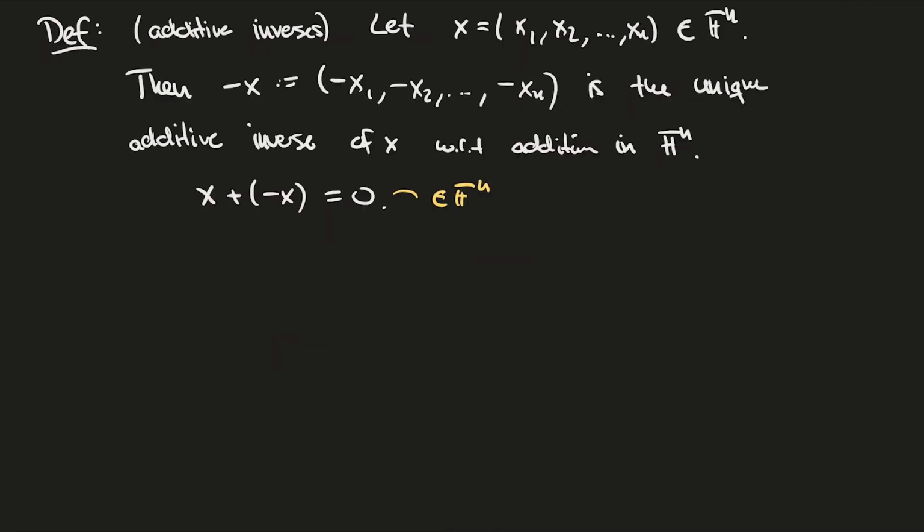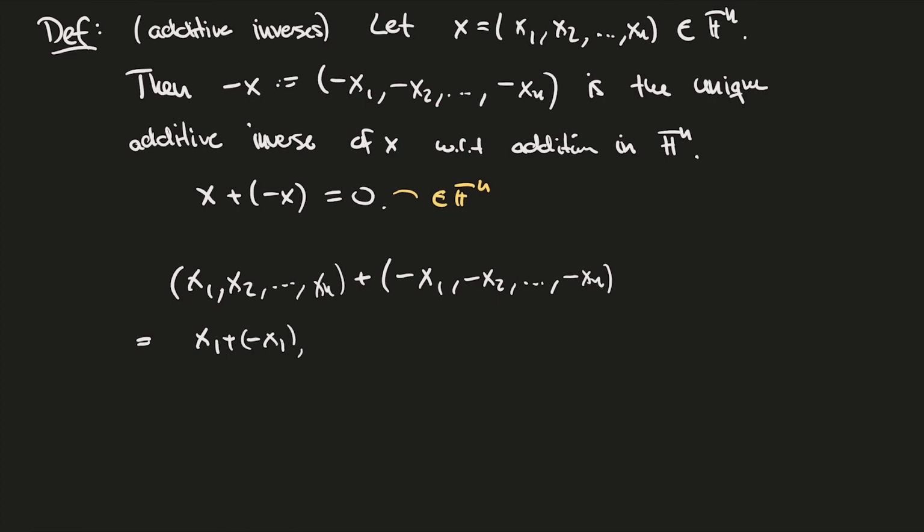To see that minus x is indeed an additive inverse of x, we can again take an arbitrary element x, so x1, x2 up to xn, and then we add its inverse, so that would be minus x1, minus x2, so on up to minus xn. And what we get, applying the definition of addition in Fn, is x1 plus minus x1, x2 plus minus x2, and so on up to xn plus minus xn.